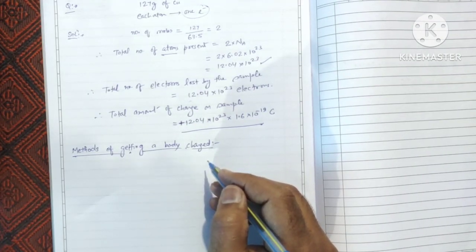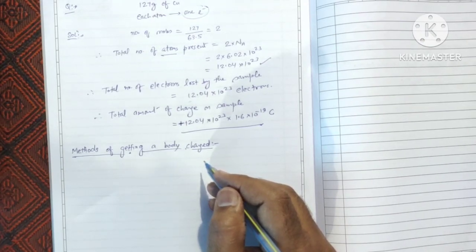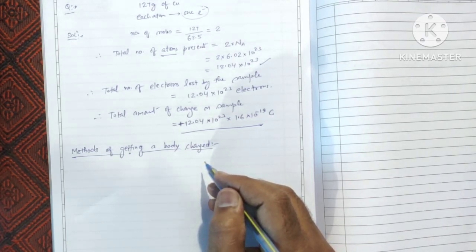This is generally not asked directly, but it is seen that it is framed with some other concept, with some other problem. So this knowledge is, I think, a must for everyone going through this chapter.